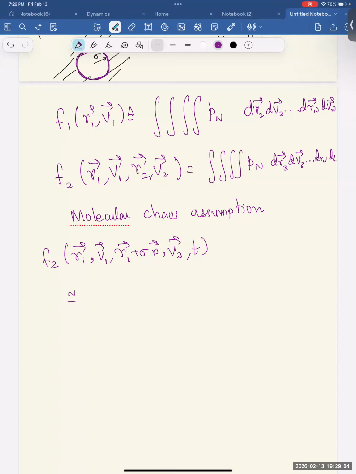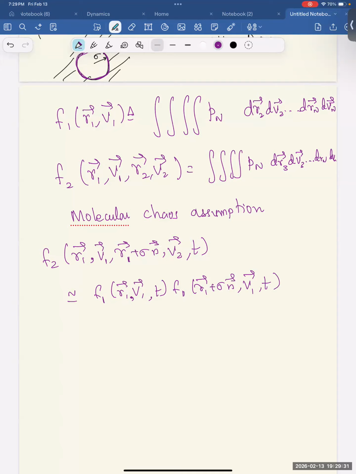So the molecular chaos assumption is basically two particular assumptions. One is that all collisions are binary, and the second is this one. Let me write it: F1 of R1, V1, comma t, F1 of R1 plus sigma n, comma V2, comma t.